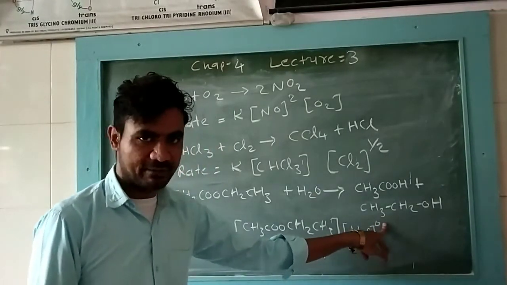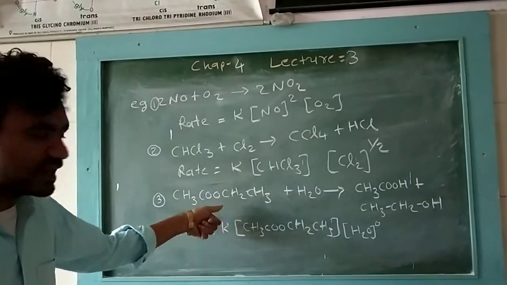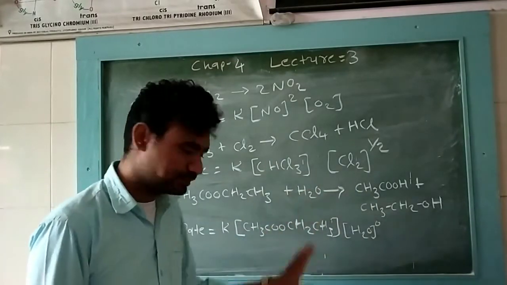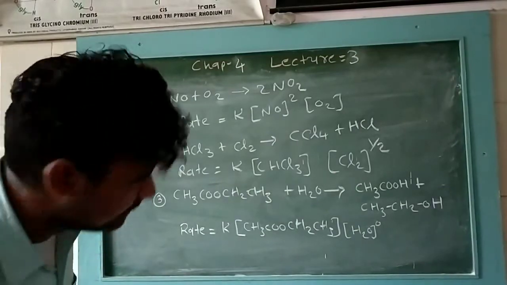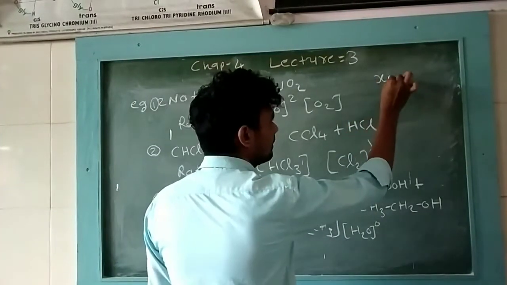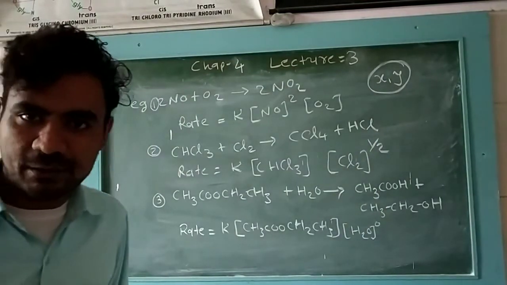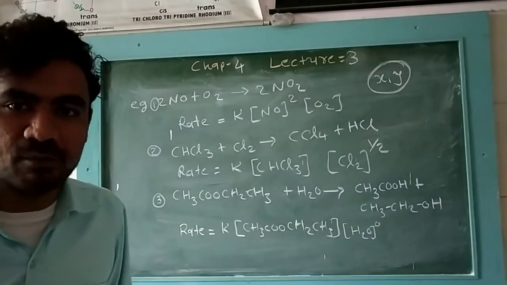The power is 0 here. So this reaction depends on only one reactant, that is the ester. It does not depend on water. So here you can see X and Y, the powers, may or may not be equal to the moles.